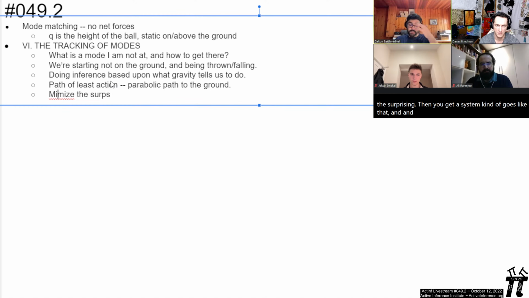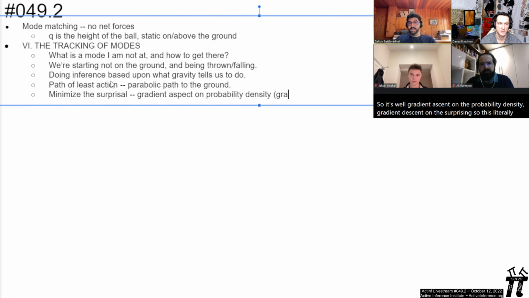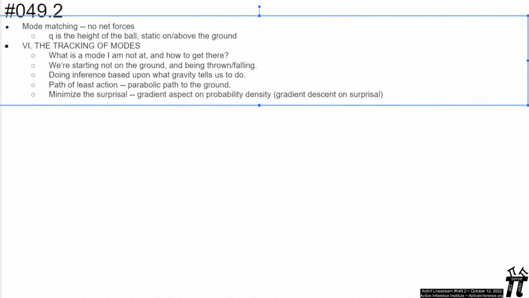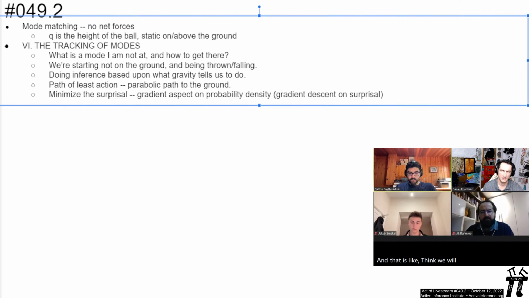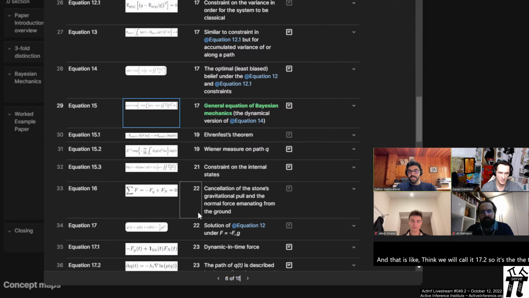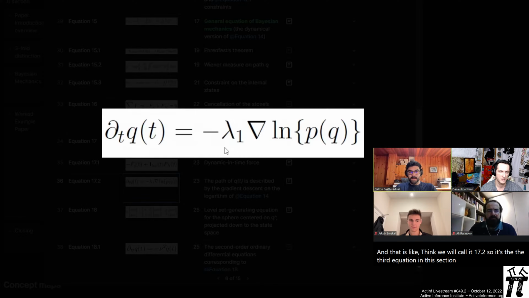And what's more, you can write this as a gradient ascent on the probability density, a gradient descent on the surprisal. So it is literally a minimization problem because you can get back the equation of motion from a gradient descent on the surprisal. And that is, I think we will call it 17.2. So it's the third equation in this section. Yes, that's the one.